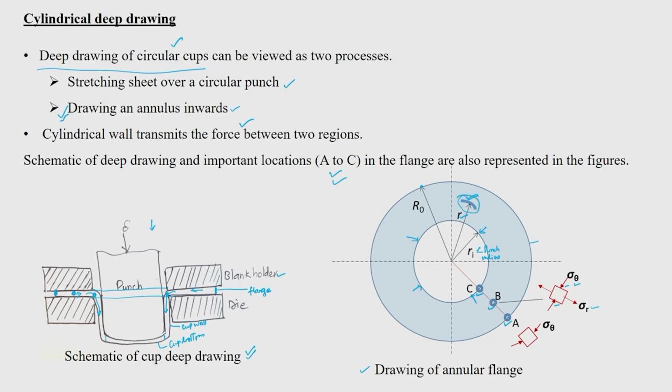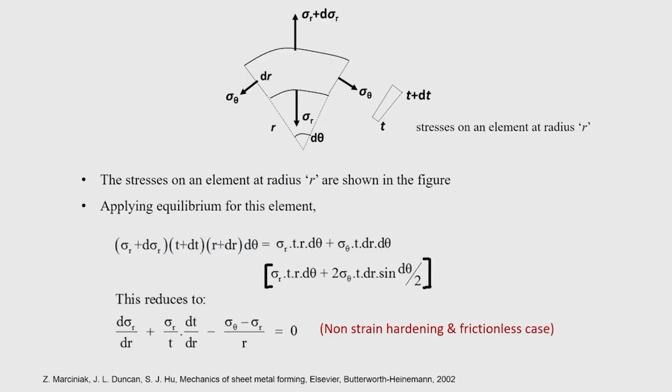This element has a radial length of dr, which is at r distance from the axis, and it subtends an angle of d theta with respect to the axis. There is one radial stress sigma r and one circumferential stress sigma theta.